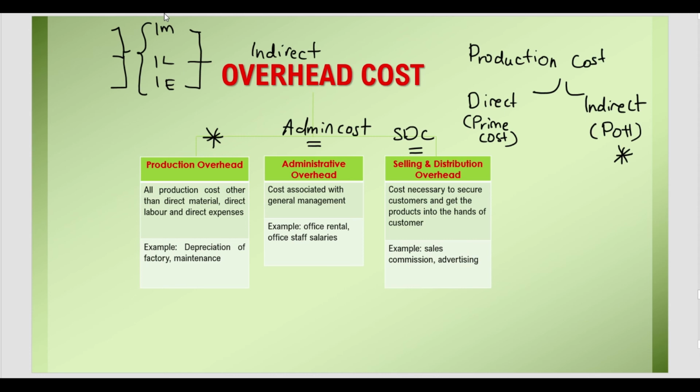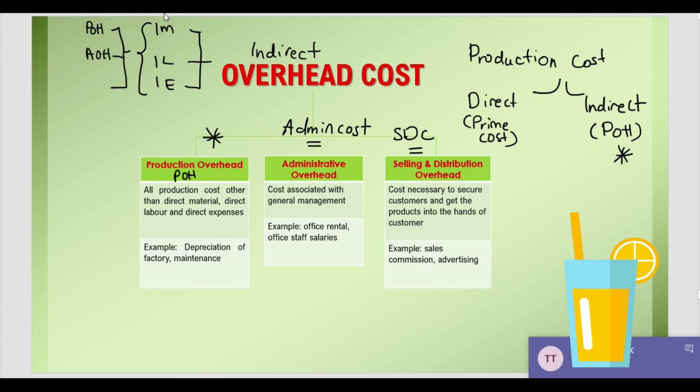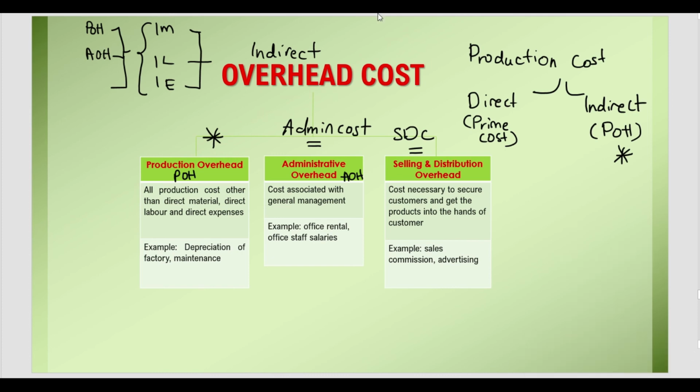For example, if it is in the factory, we call it production overhead. If it is in the office, administrative overhead. And if it is related to sales, distribution, marketing, it is classified under selling and distribution overhead.